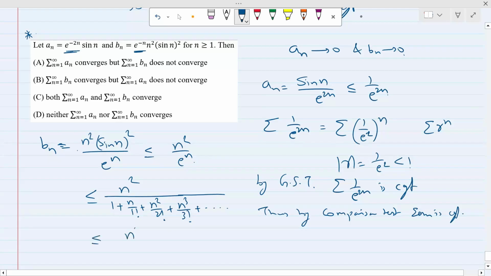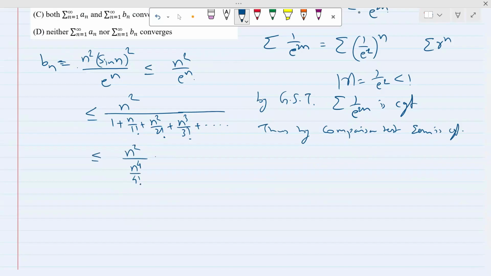So which power will I choose? The minimum possible power, n to the power 4 by 4 factorial. So that is 4 factorial upon n squared. So this is convergent by p-series test.